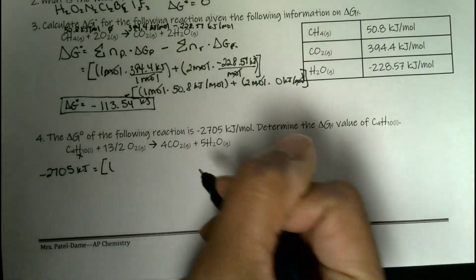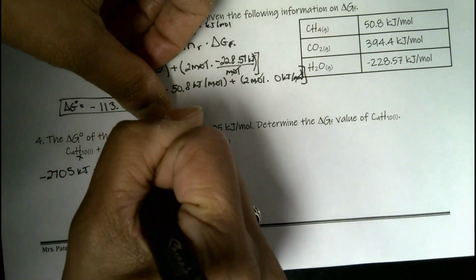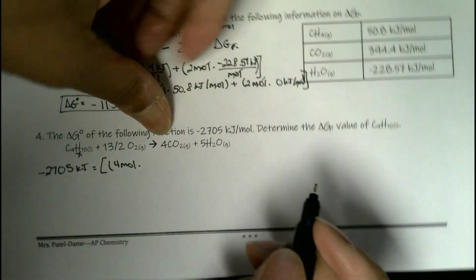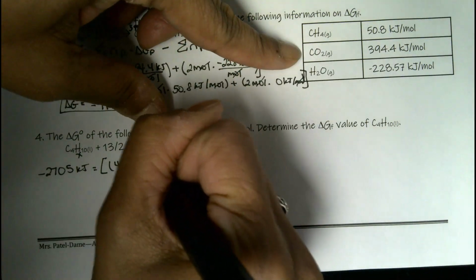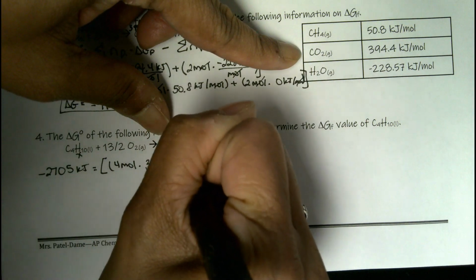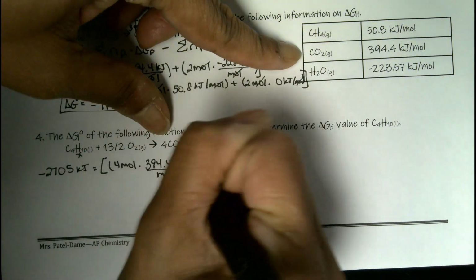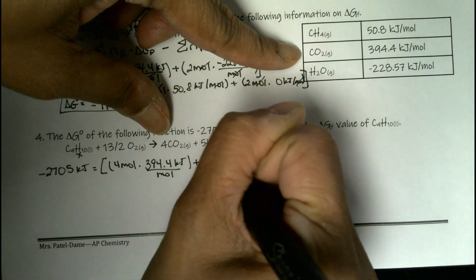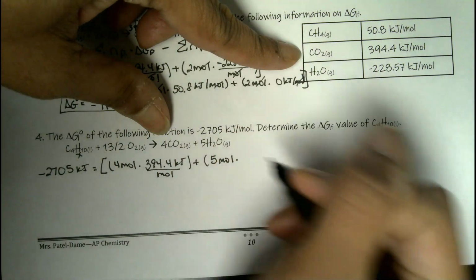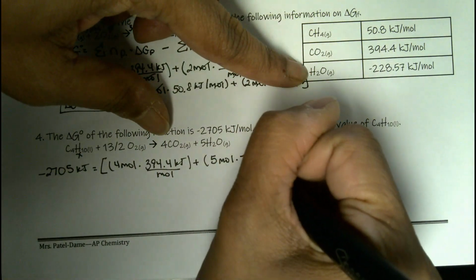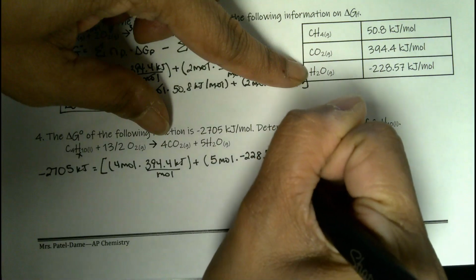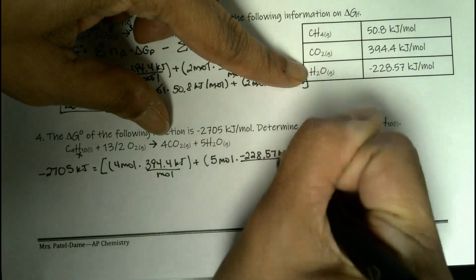All right, so this time I'm just going to do it over here. So 4 moles of CO2. My CO2 is 394.4 kilojoules per mole plus 5 moles of water, and that is negative 228.57 kilojoules per mole.